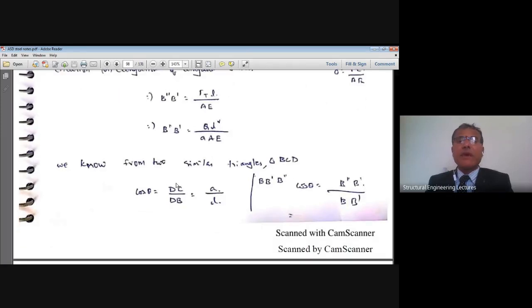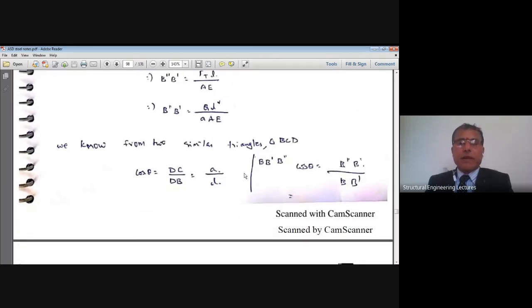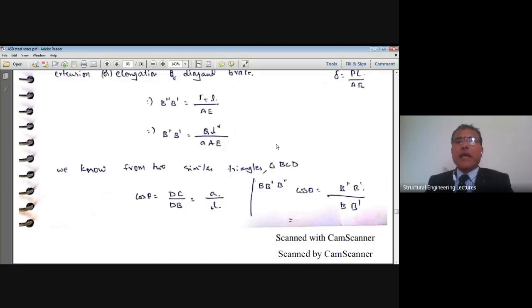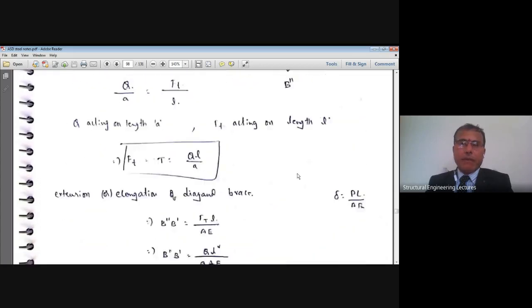Then now I'll go to the similar triangles. From the schematic, I do have two similar triangles. From the triangle BCD, I can say that cos theta is equal to DC divided by DB. Then DC is nothing but a and DB is equal to L. That is how from triangle BCD. Similarly, I'll take the triangle BB prime B double prime.